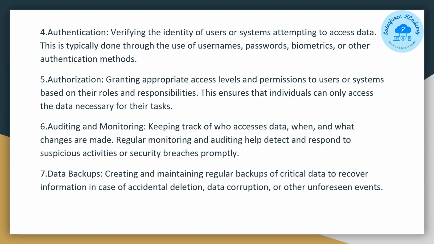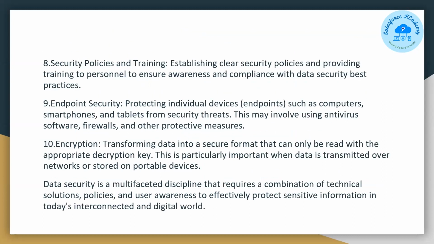If you have a complete org, there needs to be a duplicate or separate org where you have the same data, so in case of any accidental deletion or data corruption, you can restore from the backup. Then there need to be security policies and training. Then there should be endpoint security like VPN, so only particular users from particular computers can access your system. Then there needs to be encryption when we deal with external systems.